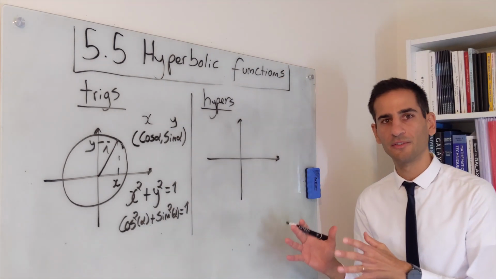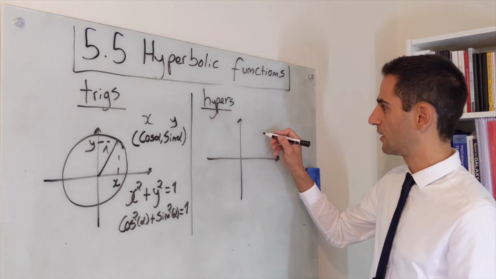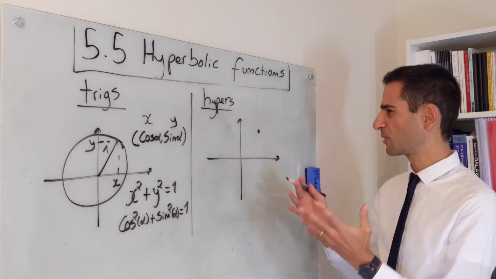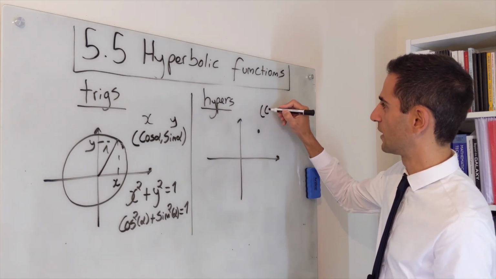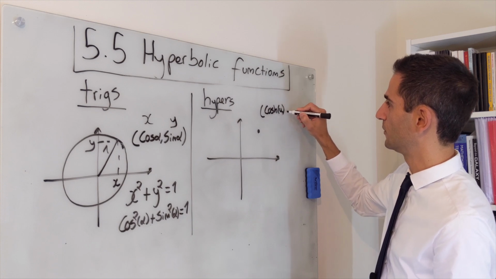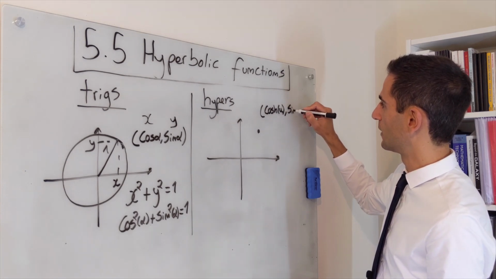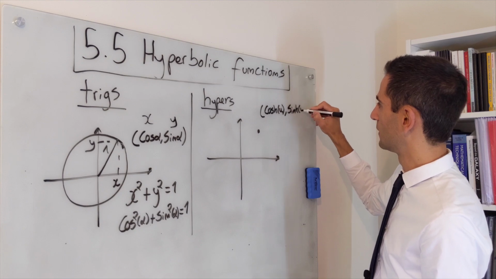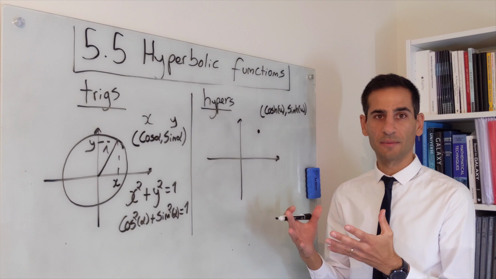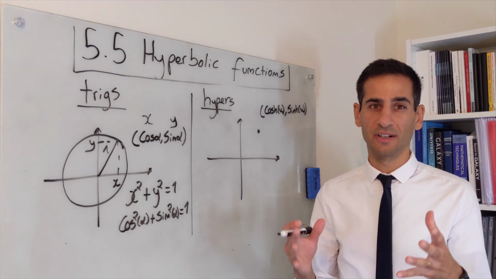Now for hyperbolic functions, let's try to think of a similar argument and point. A point that's described by something like hyperbolic cosine of some variable u and the hyperbolic sine of a variable u. What this describes is not a circle at all, but a hyperbola.